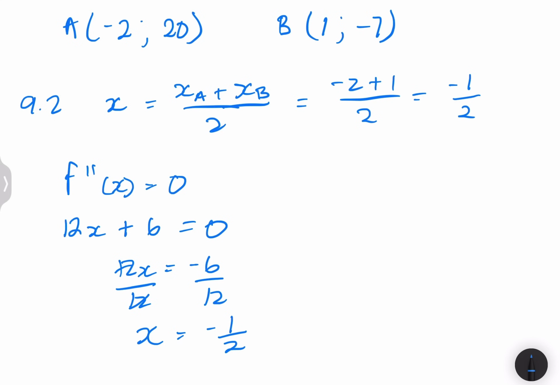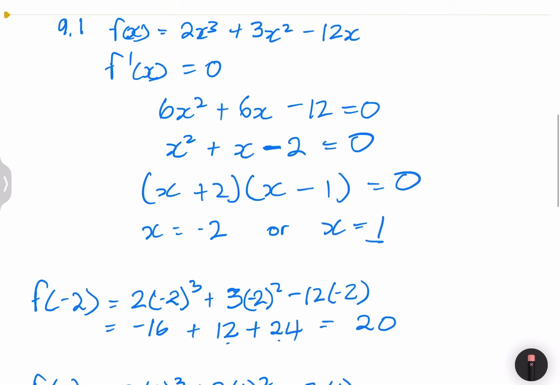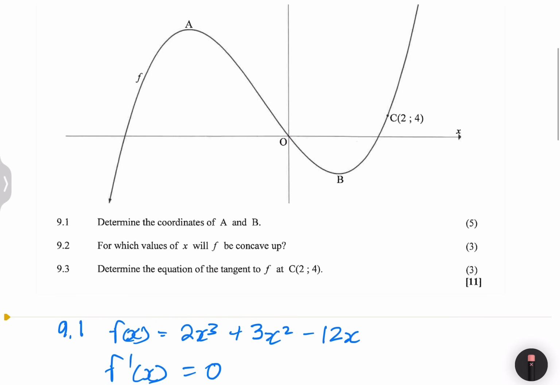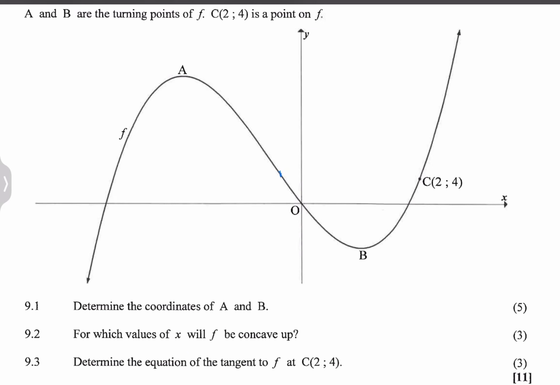If they had said we should find the point of inflection, of course, you'd take this x value and substitute it back into the original and work it out. But in this case, we're just looking for the x value so that we can determine where the graph starts becoming concave up. From the point of inflection, which is -0.5, all the way up until infinity, it is concave up.